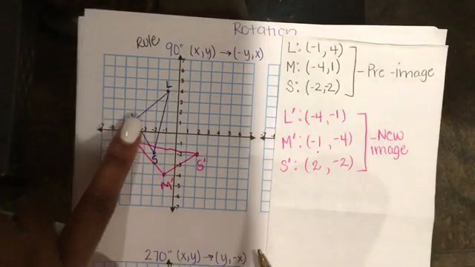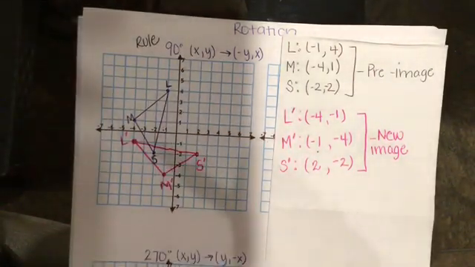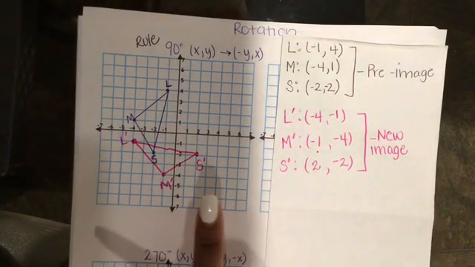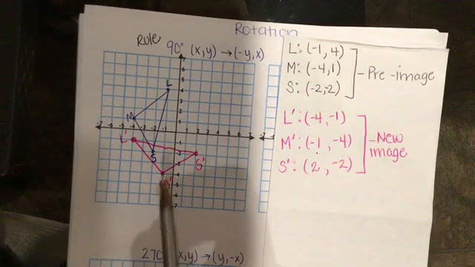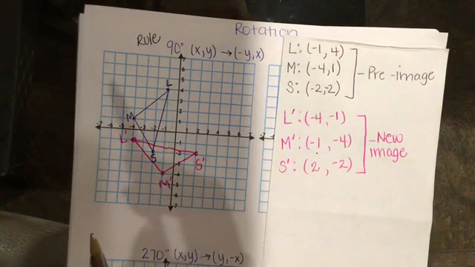So if you look at our pre-image and our new image, all we did was just turned it. We turned it one time, 90 degrees. That's how we got it here. Guys, when you plot your points and your new image doesn't have the same shape as your pre-image, something is wrong. Just start back over from the beginning, okay?